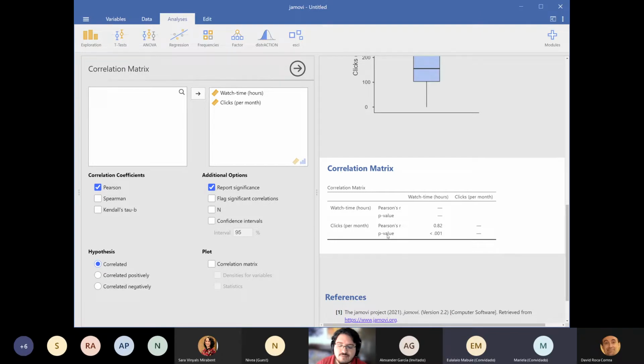The idea here is that there is a hypothesis. Before we did this analysis, I mentioned something called the working hypothesis. The working hypothesis is that these 2 variables are correlated. You shouldn't confuse your working hypothesis with something called the null hypothesis.